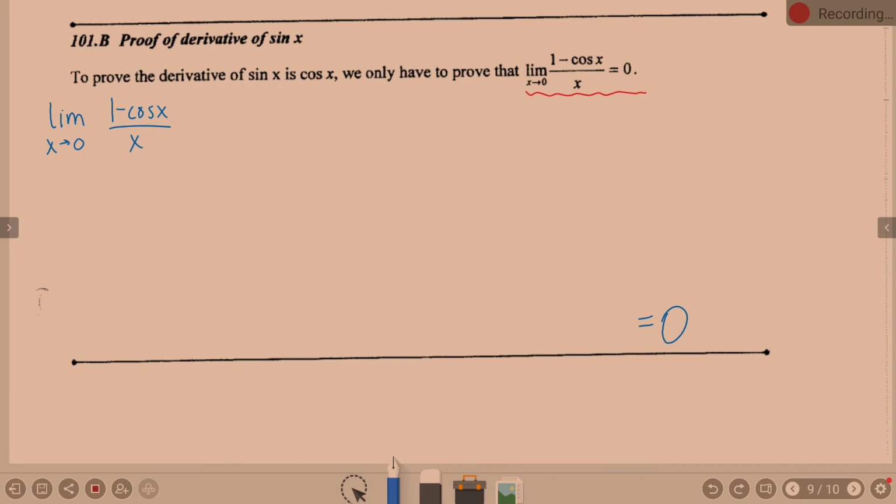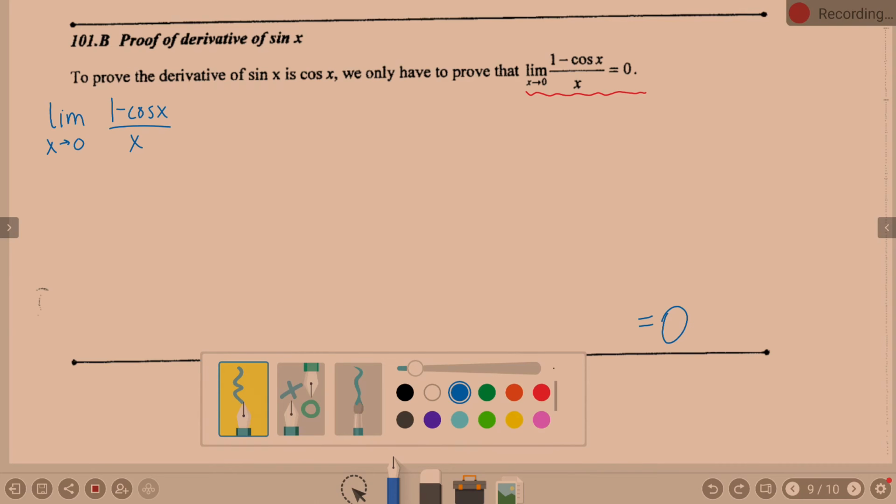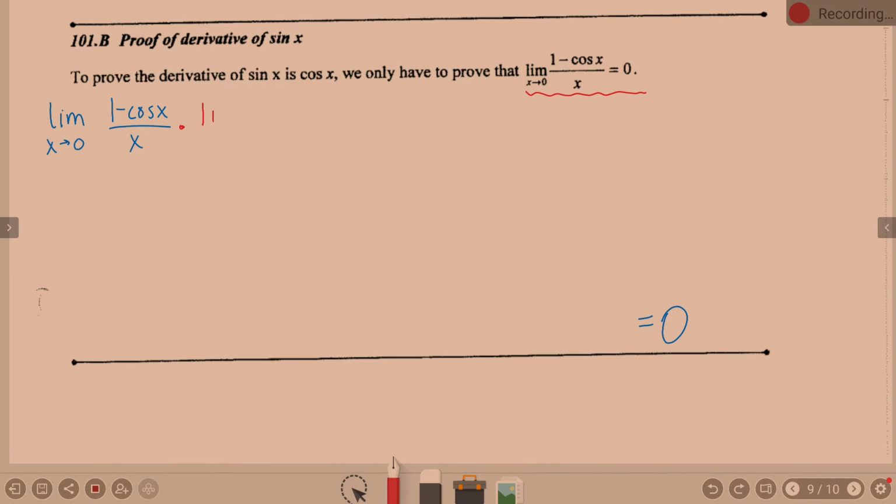Now, if we multiply the conjugate of the numerator by the numerator, we have to do the same to the denominator, yes? That's just typical math 101. And I can multiply by 1 plus cosine x over 1 plus cosine x, because really all I'm doing to this fraction or limit is multiplying by 1.